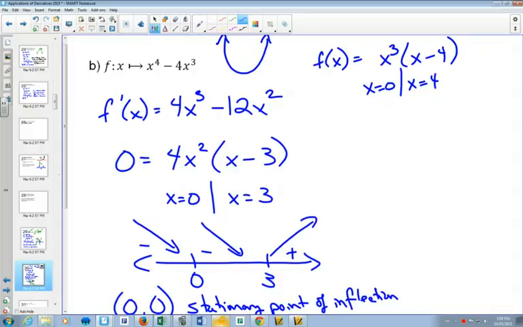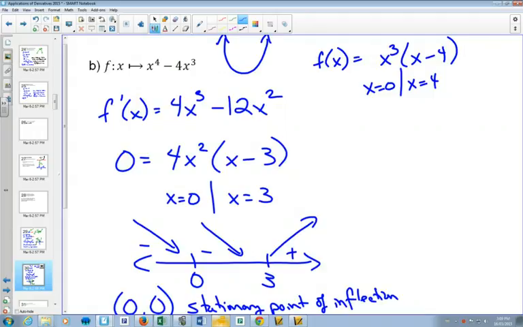Right, but this has an x squared times an x minus 3.